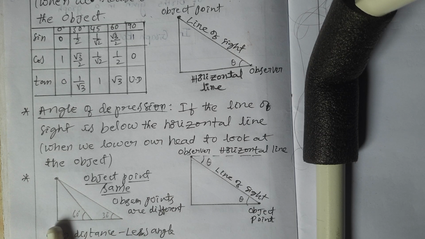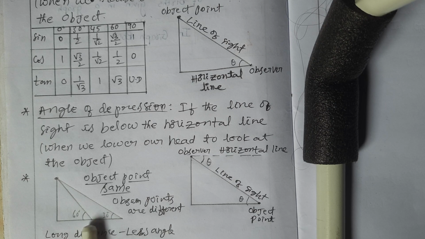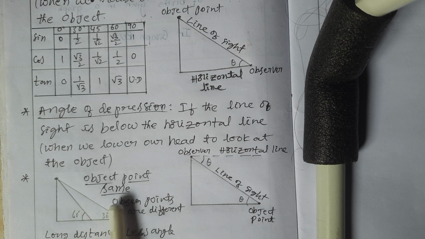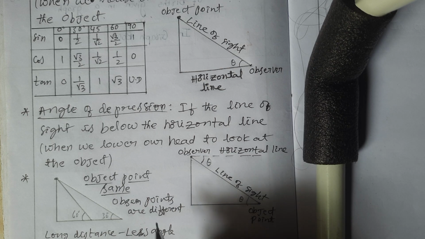Suppose we observe from the foot of the tower, pedestal or building; the less distance means more angle, whereas long distance means less angle, which I have kept as 60 degrees and 30 degrees. Here the object point is not changed; what changes is the observer points.